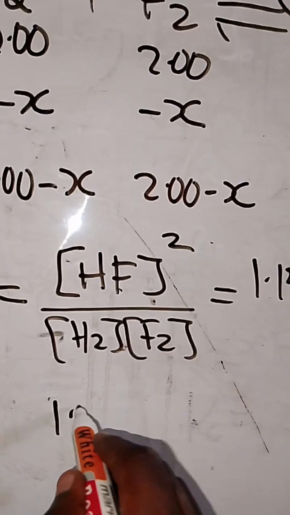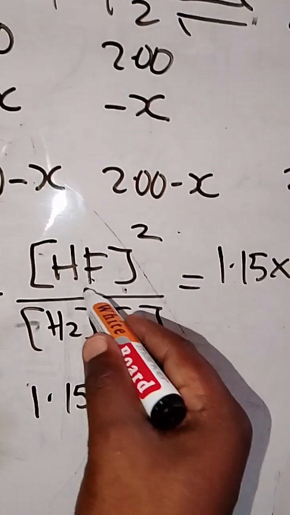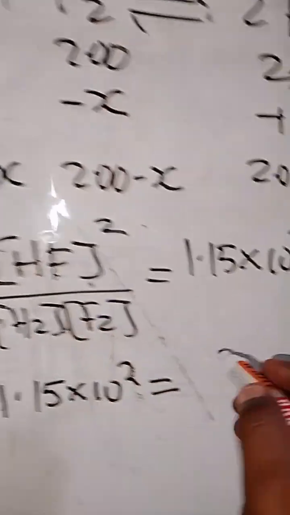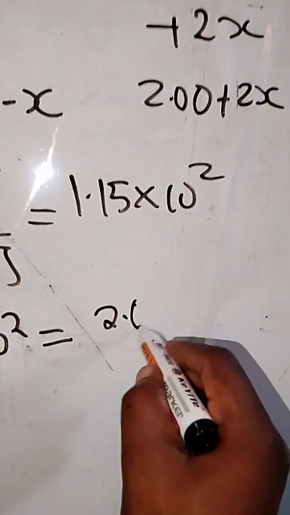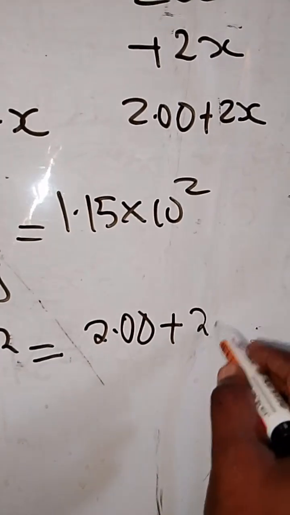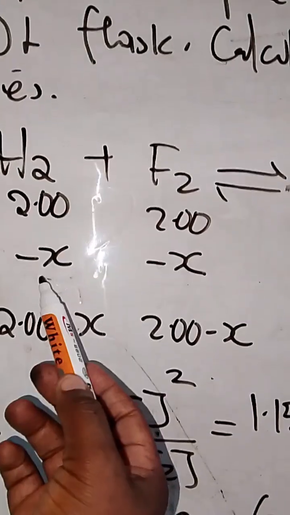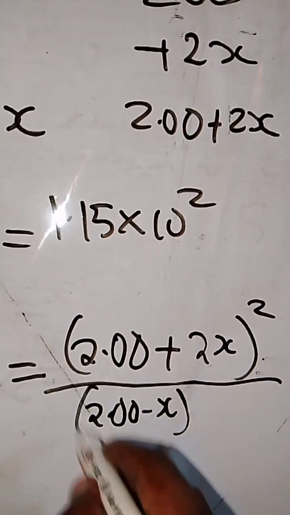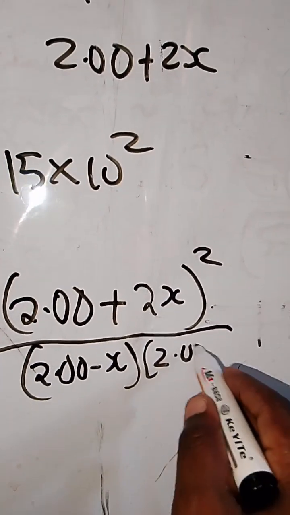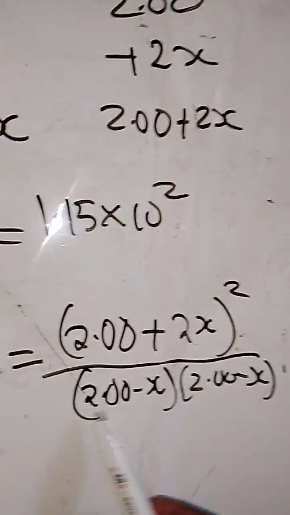So 1.15 times 10 to the power 2 is equal to the concentration of hydrogen fluoride, using the equilibrium concentration, 2.00 plus 2x, squared, over the concentration of hydrogen, 2.00 minus x, times the concentration of fluorine, 2.00 minus x.